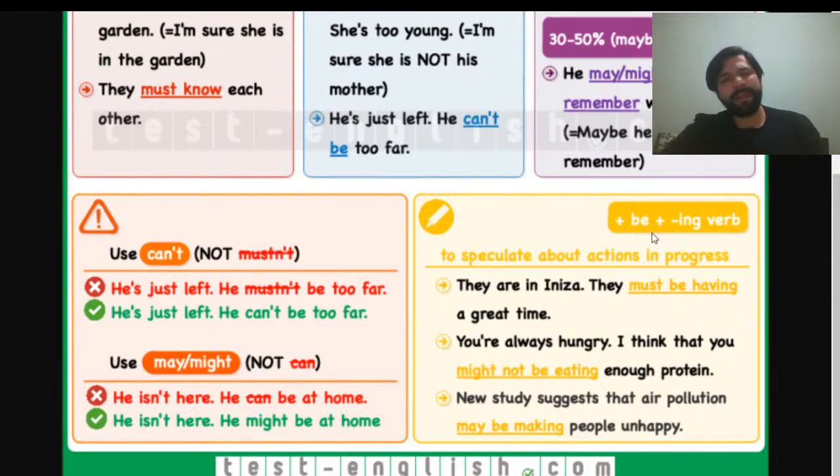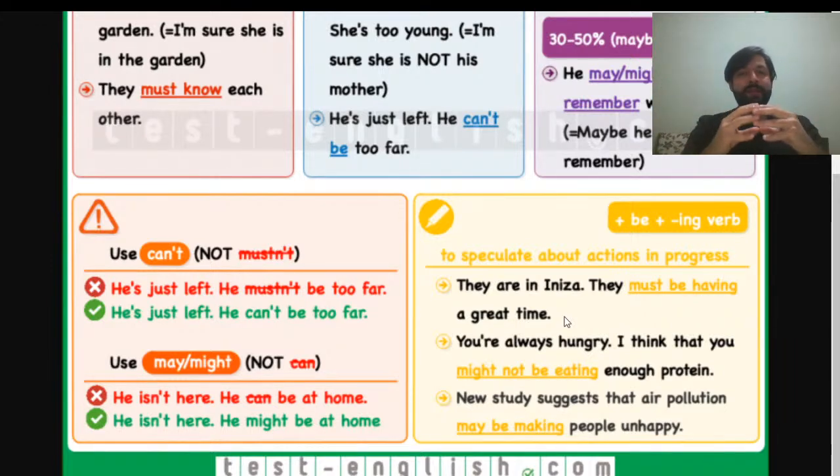Right, and here we didn't see it, but the material brings it, so just a comment. B, the modals with -ing. It's no big deal here. They are in Ibiza... no, it's not Ibiza, it's Ionia. They are in Ionia, they must be having a great time, because they are now in Ionia, so they must be having a great time now. But notice that because we are using the continuous idea, you always must have the verb to be plus another verb with -ing.